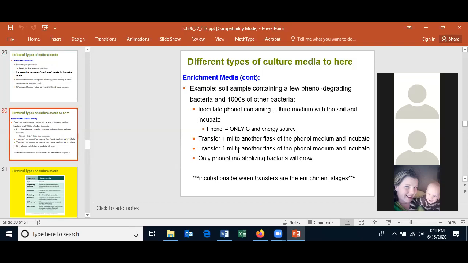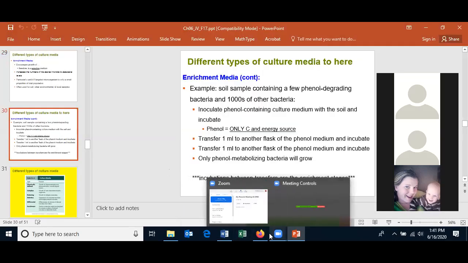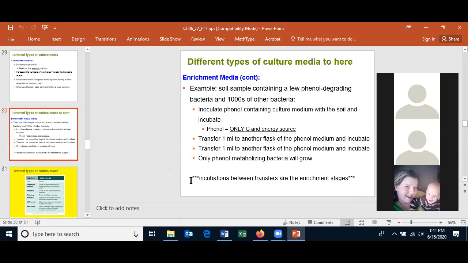And I gave the example like when you're looking for a phenol degrading bacteria from the soil, you just put it in a tube where the only carbon source is phenol. And so that will greatly enrich for phenol degrading bacteria. And then you do that a couple of times and now you streak it out. You can find the phenol degrading bacteria. All right, any questions about that?